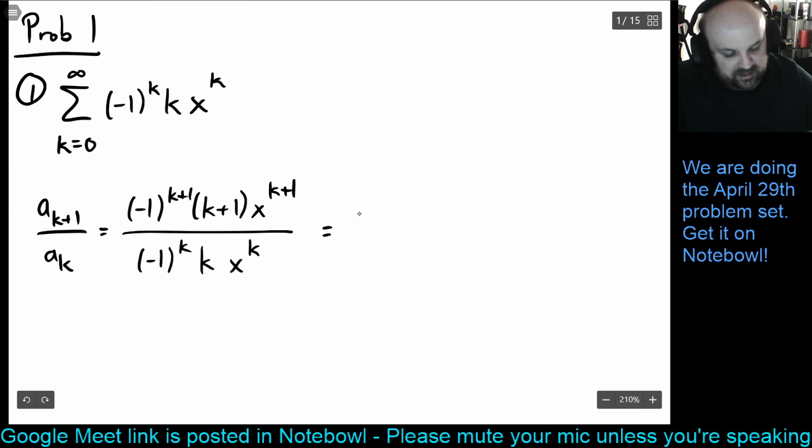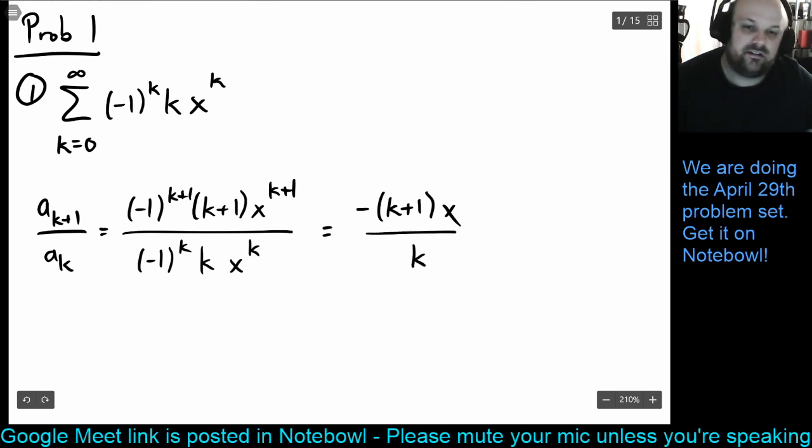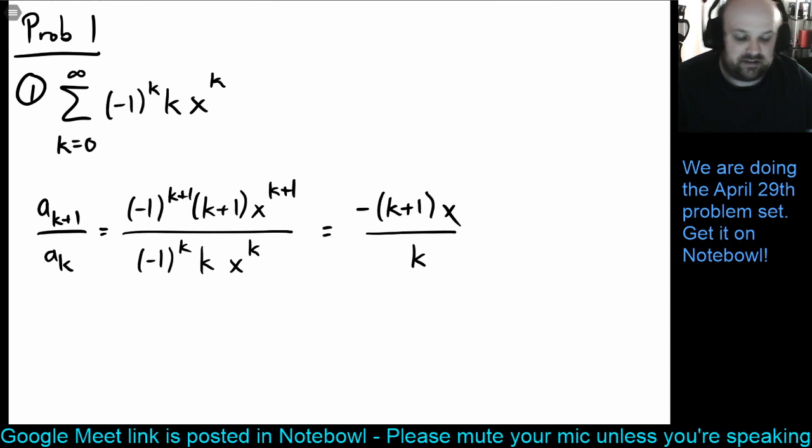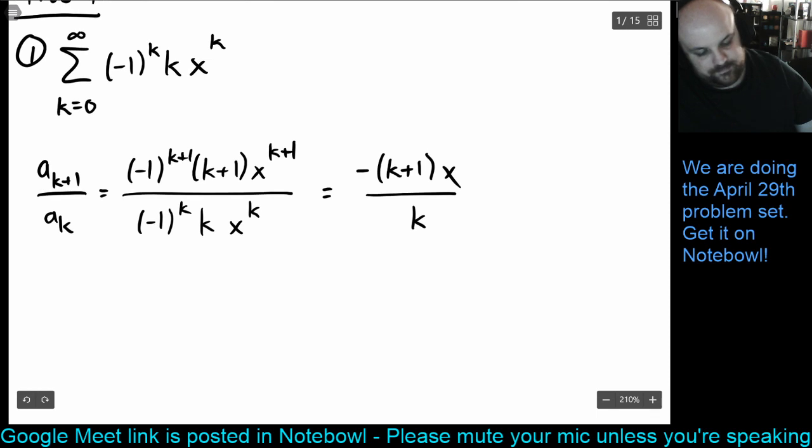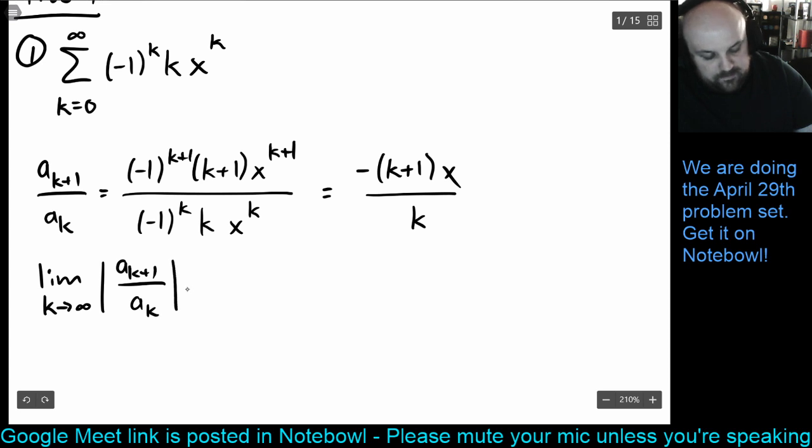So up top, we're going to have negative (k+1) times x over k. That's all we're going to get here. So now we take the absolute value of this and take the limit, as k goes to infinity of a_{k+1} over a_k.